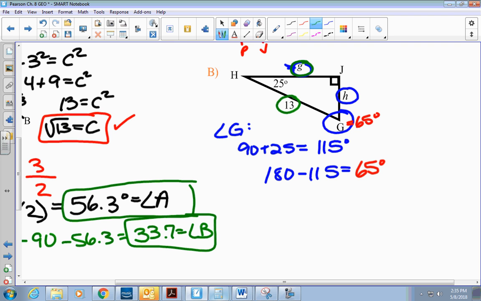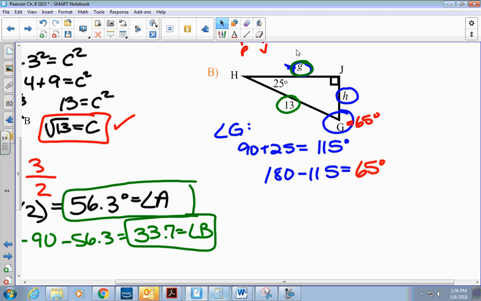Okay, your choices are opposite, adjacent, and hypotenuse. What is 13? Actually, let's go like this. Sorry, Hunter, which letter are we going to use, G or H? Big G or big H? Okay.